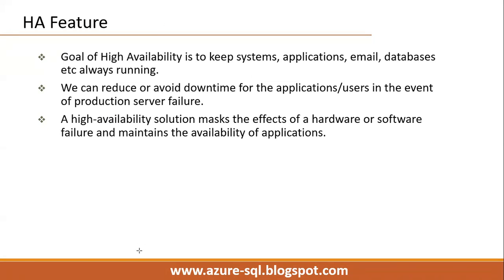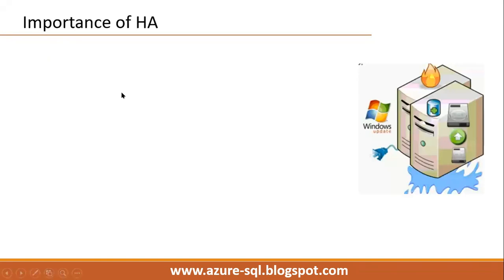Generally, we know that there are two types of downtime: planned and unplanned downtime scenarios. Planned downtime means we are taking downtime for maintenance activities, or sometimes the Windows team or storage team wants to perform some maintenance, which comes under planned downtime. Whereas unplanned downtime may happen at any time.